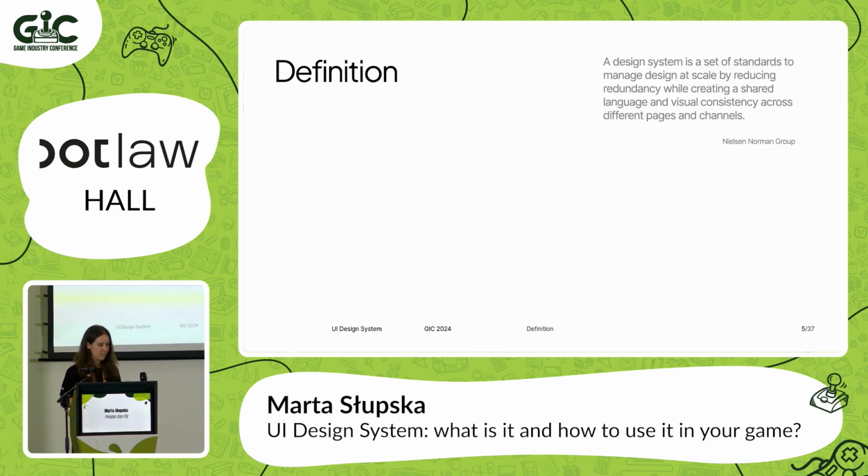Okay, so let's start with a definition. This is a very raw one, but a design system is a set of standards to manage design at scale by reducing redundancy while creating a shared language and visual consistency across different pages and channels.